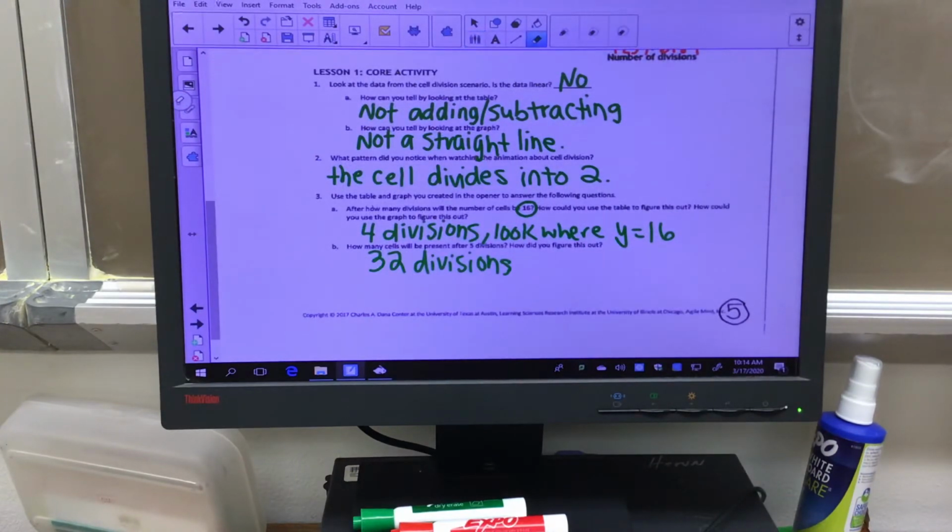Oh, sorry, 32 cells. How did we figure this out? We continued the table. Pause if you need to, otherwise let's flip it.